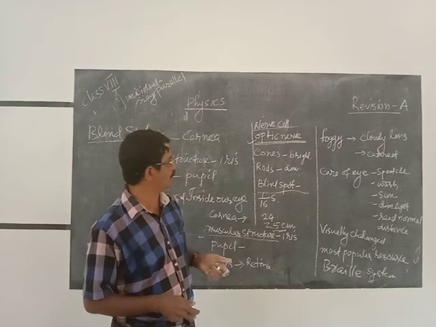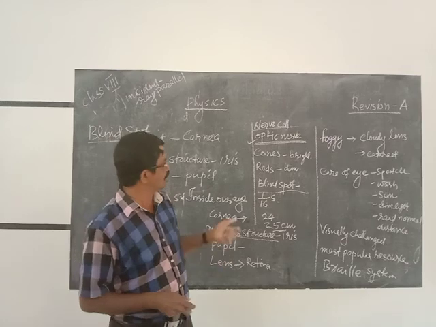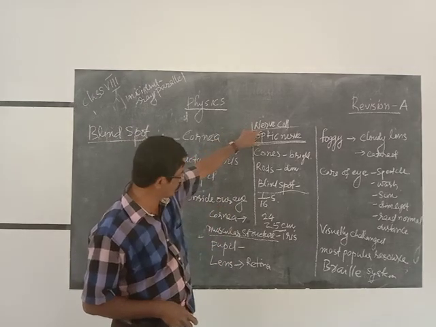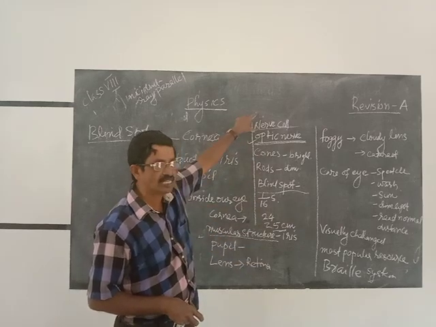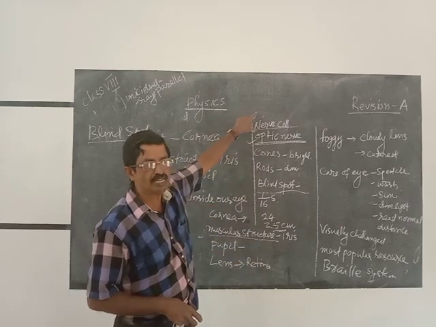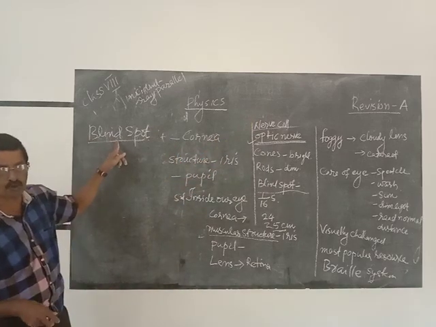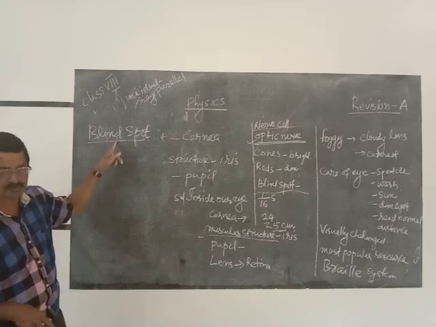We cannot see there. So we cannot get vision from that region, and that is called the blind spot. What is it called? Blind spot.